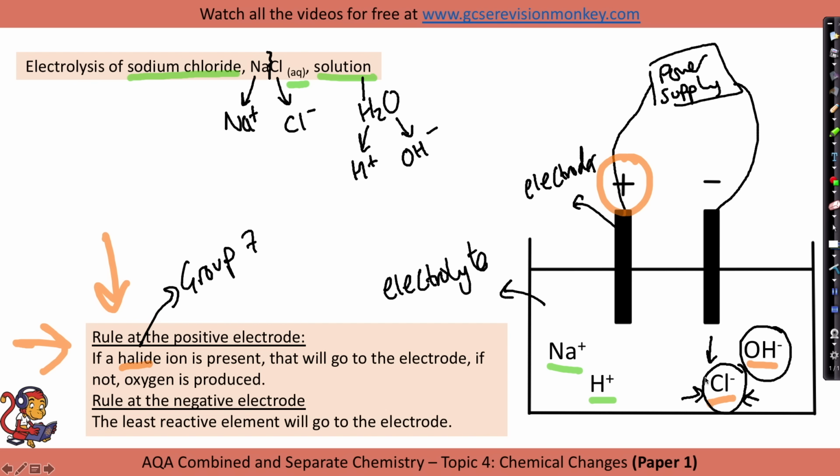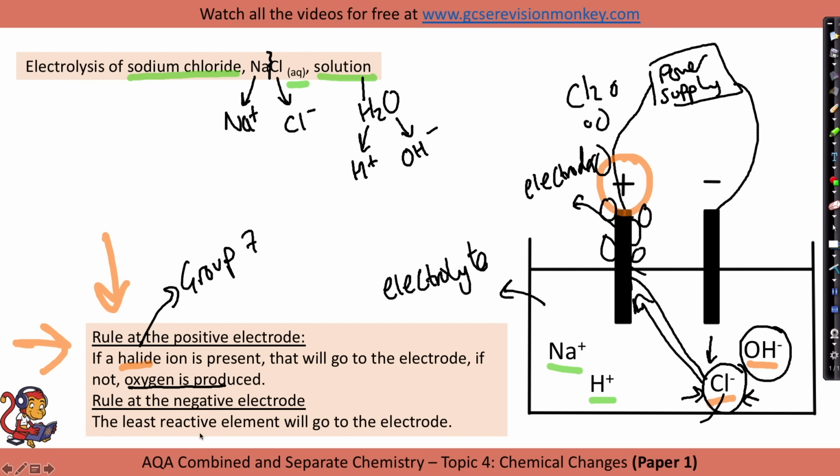So this is attracted to the positive electrode, and chlorine, like many other gases, goes around as Cl2. So chlorine gas will be given off at the positive electrode. If that wasn't there, oxygen would have been produced.